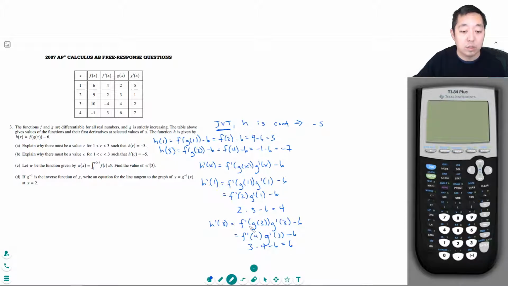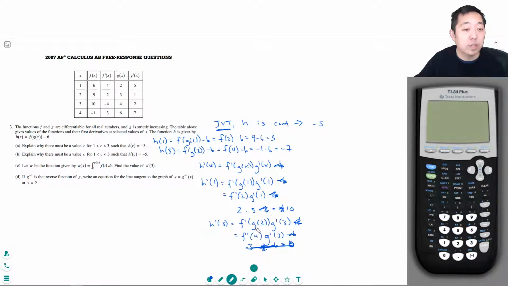G prime of 3 is 2. Wait, I did this right. F prime of 2 is 2, g prime of 1 is 5. Oh, the derivative of 6 is 0. I don't know why I'm doing this minus 6 here. So this is 10. Let's get rid of the minus 6.